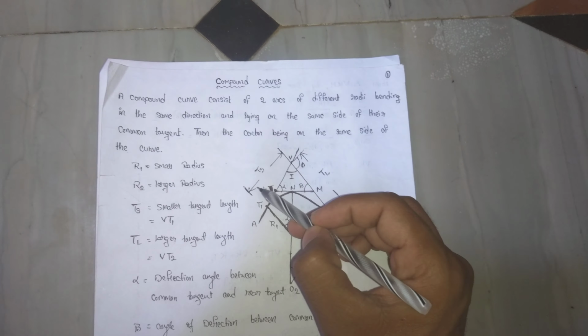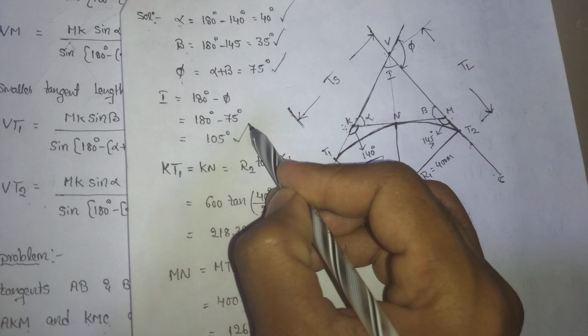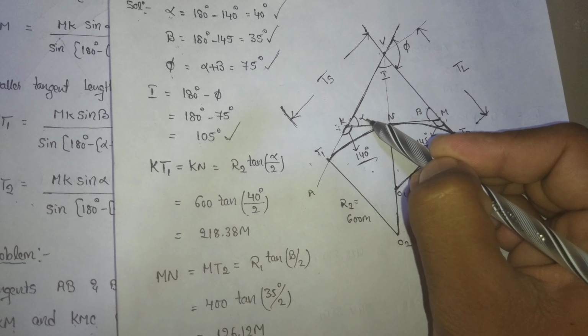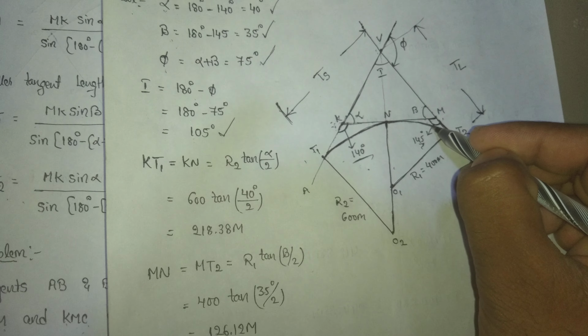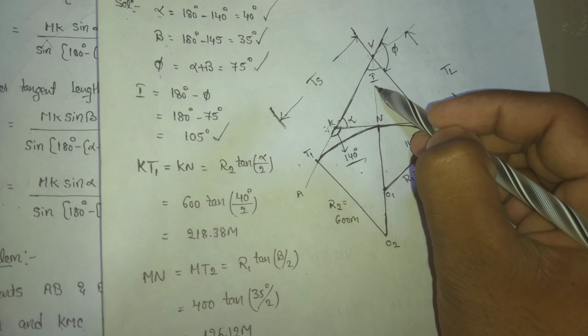So we get the alpha value and the beta value. Then phi is equal to alpha plus beta, 40 plus 35, which gives 75 degrees. Then I is equal to 180 minus phi, 180 minus 75, which gives 105 degrees. So the alpha value is 40 degrees, the beta value is 35 degrees, and the I value is 105 degrees.